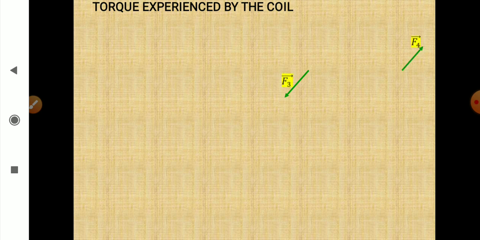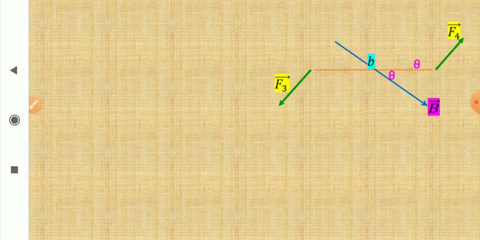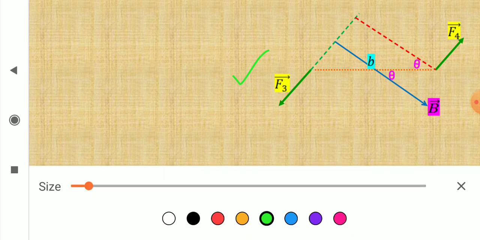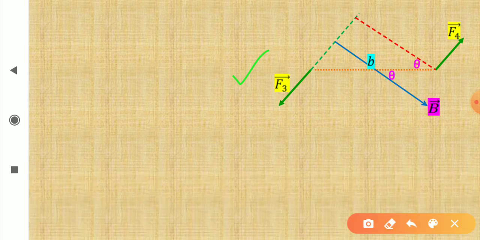So we have these two forces, F3 and F4, and the separation between them is B, the side is B, and the magnetic field B at an angle theta, right? Same as in the previous picture. And now I have produced this force F3 in the backward direction, and we have dropped a perpendicular distance between these two forces.